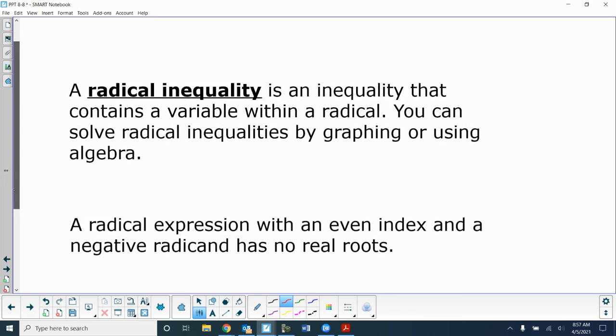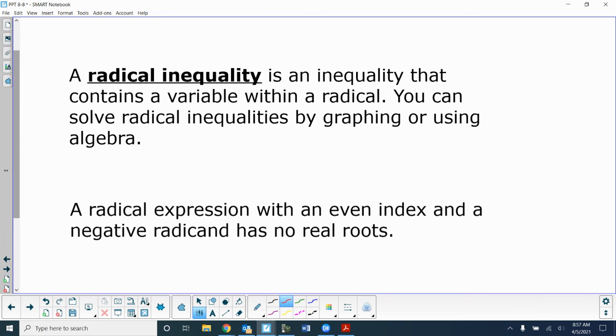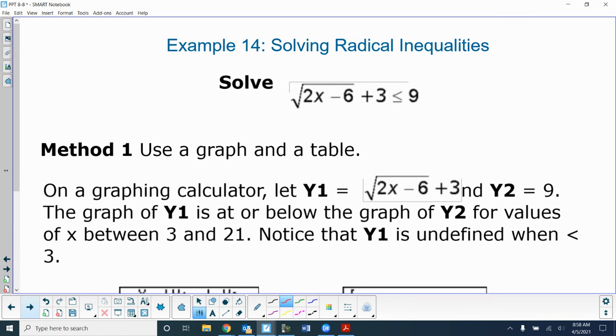All right. So we got inequalities. All right, same type of deal. It says a radical expression with an even index and a negative radicand, remember, has no real answers. That's what we're always looking for, right? Real answers, not the non-reals, not the imaginary unit, the i's, okay?